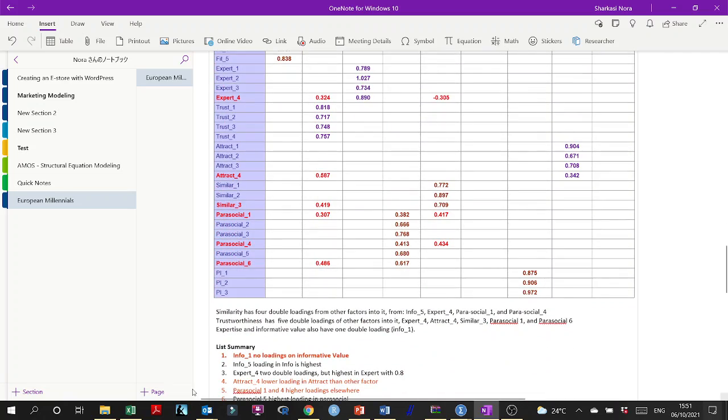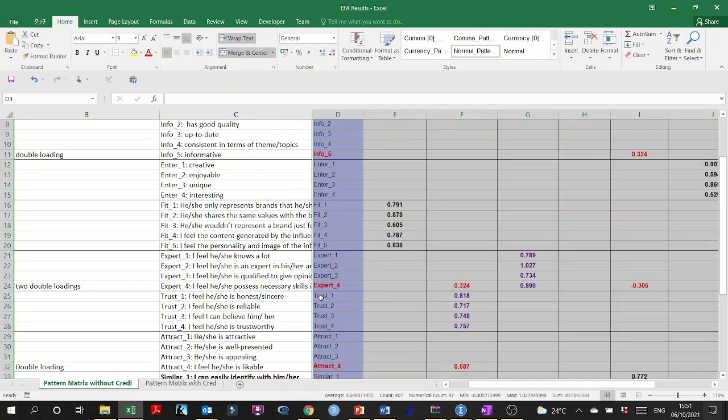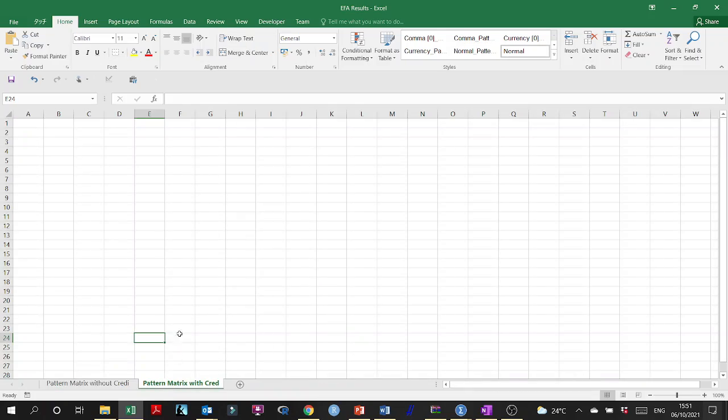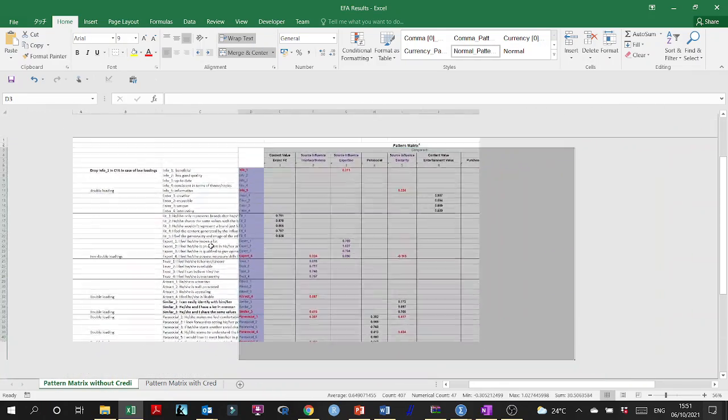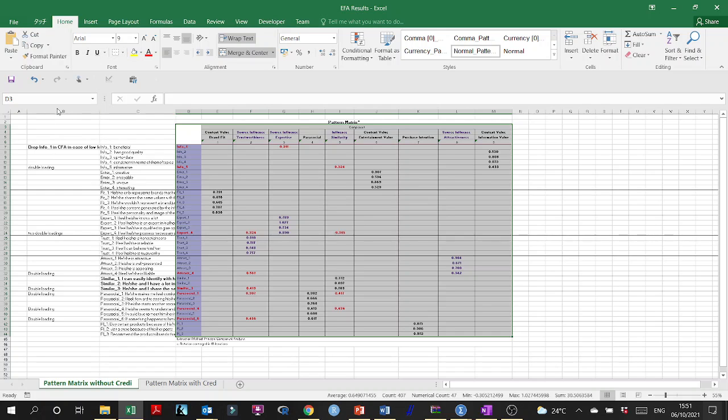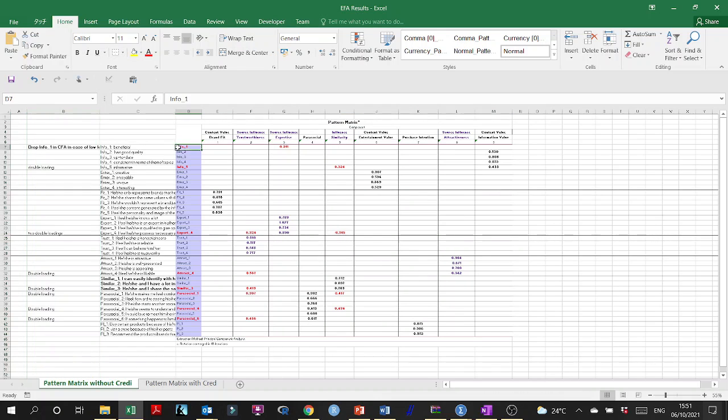So we might end up resorting to using these questions for credibility rather than complicating the model. So basically what I want you to do, please, is redo my analysis and put the results here in the pattern matrix with credibility and copy the same exact style. So I would like to know which ones are problematic, and we try to refer to this Excel sheet and understand which questions and what was the content of the questions immediately in a one-stop shop.